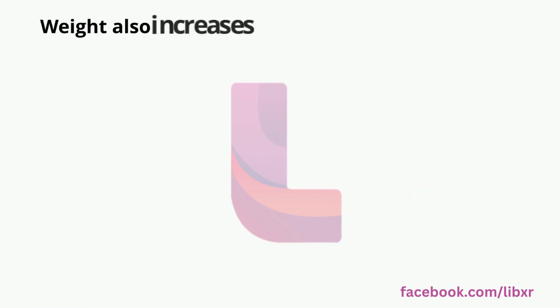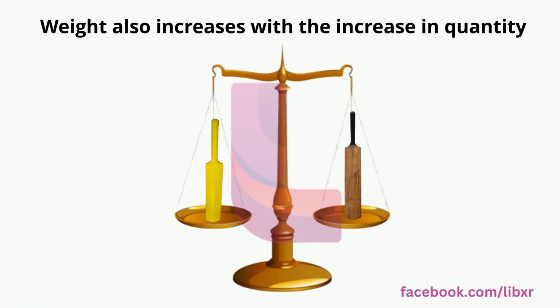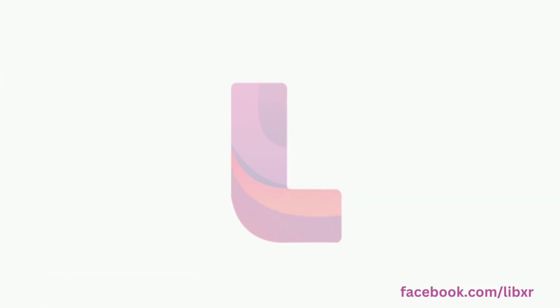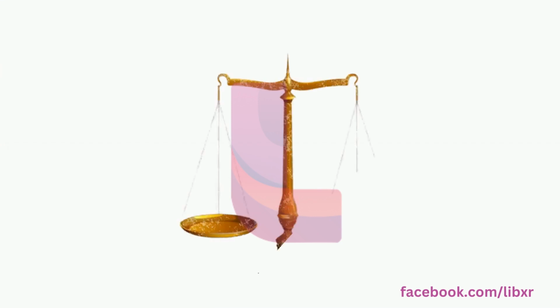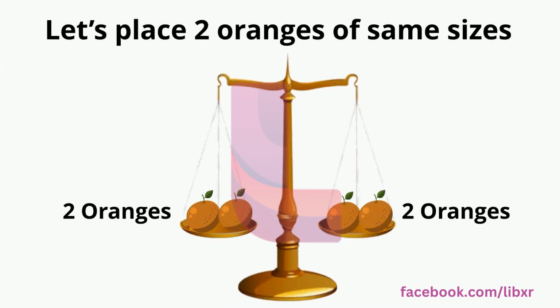The weight also increases with the increase in quantity, even if the object is the same. For instance, let's place 2 oranges of the same size in each of the 2 pans of the scale. You see the scale is balanced. That is so because both pans have the same weight.